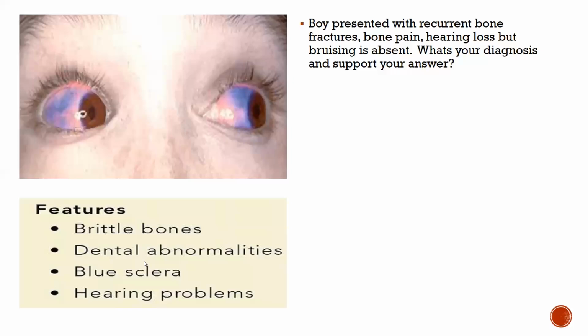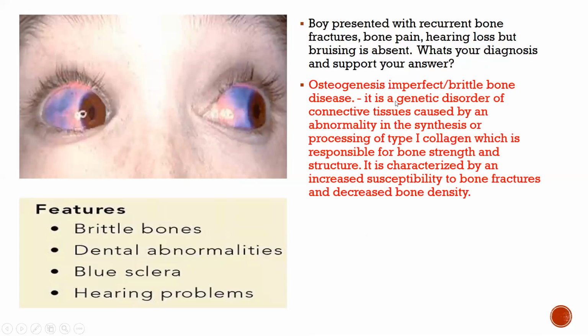I want to ask you a question regarding this. I need someone to tell me why the sclera looks blue, and also why there's a hearing problem associated with this osteogenesis imperfecta. Anyone? Okay, that one you can read for yourself.